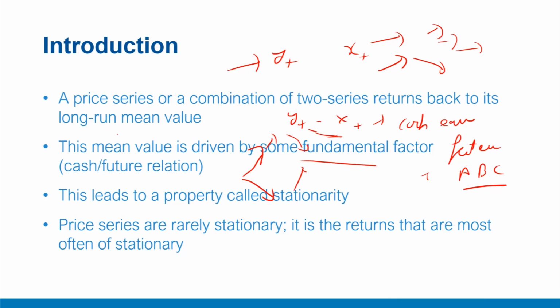So if I were to take the difference of ABC's cash equity and futures, the difference would remain somewhere around its long-term value, even though on its own the ABC equity price may move much up above, and the same about the future, it may also move much above or down. But if you look at the difference of these values, it will remain closer to some long-term average.